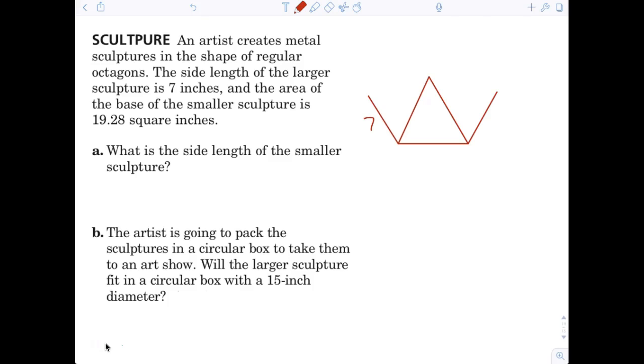When I want to know the area, it would be 8 times 1/2 base times height. Does everybody agree with that? Now, we already know the base is 7, so area equals 8 times 1/2 times 7.